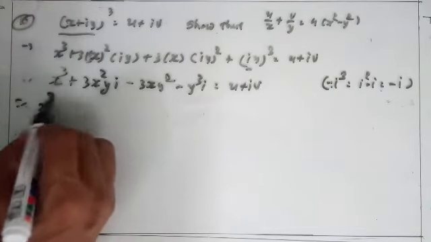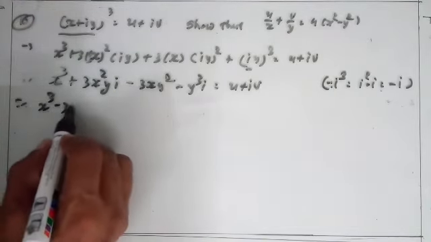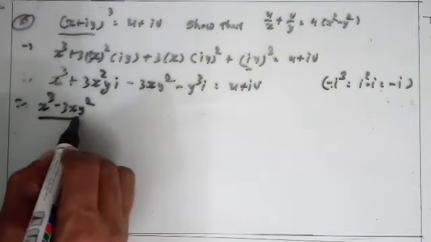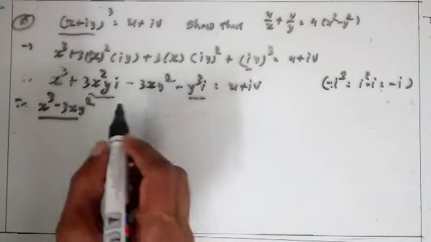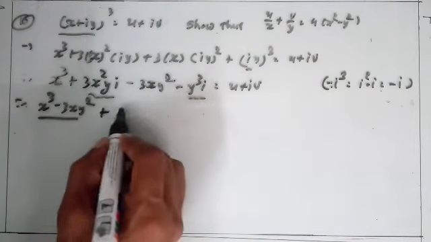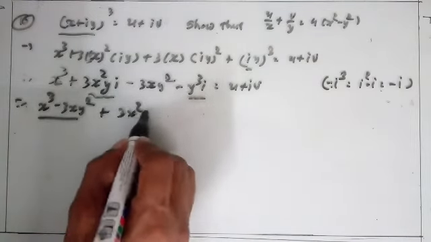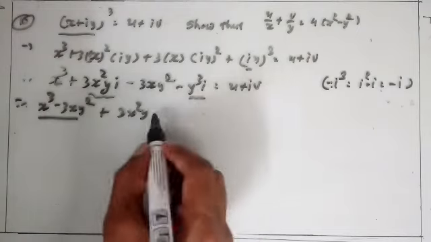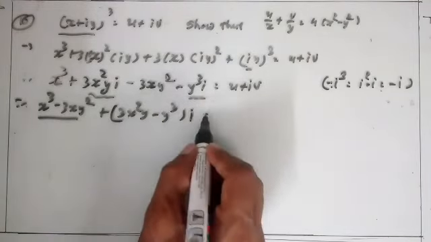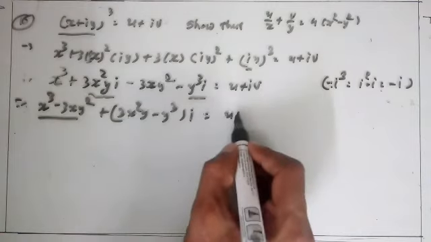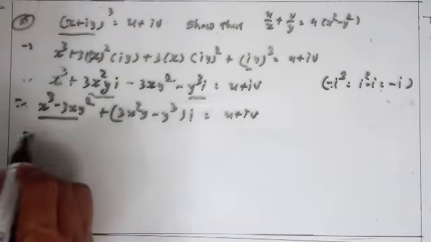So x raised to 3 minus 3xy square is the real part. From these two terms I take i common. So plus i times (3x square y minus y raised to 3) is equal to u plus iv.